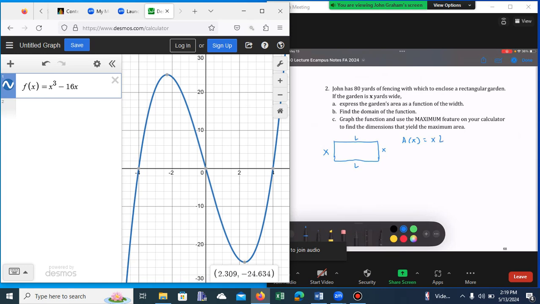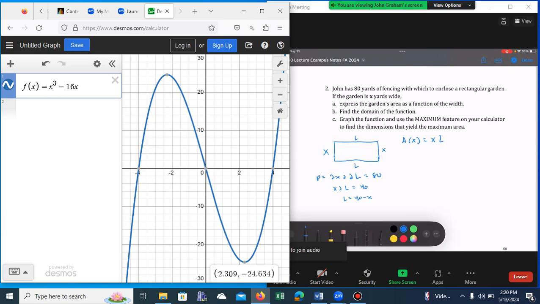But L is not something that's given at all. So what we're going to do is use the perimeter, 2x plus 2L, and set that equal to 80. And then solve this for L. So actually, divide everything by 2, you get x plus L equals 40. So L equals 40 minus x.